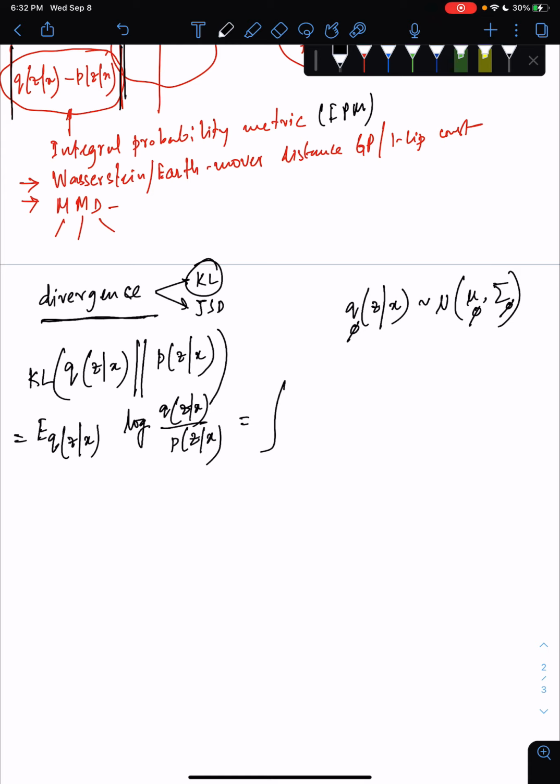But ideally, in a general case, we should do this using integration. So this is the integral of q(z|x) times the quantity log q(z|x) minus log p(z|x), dz.